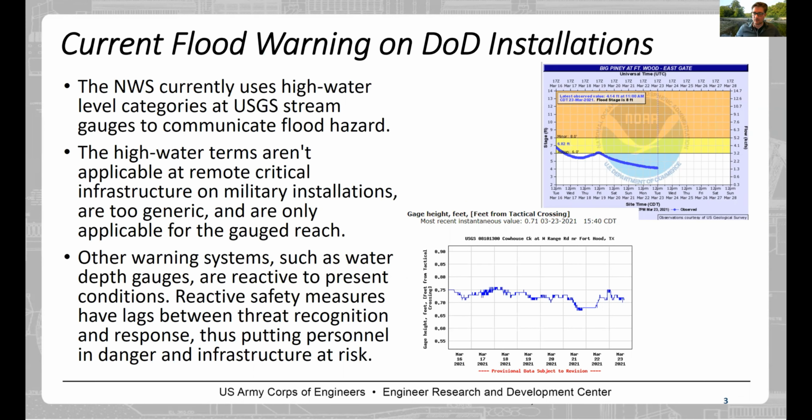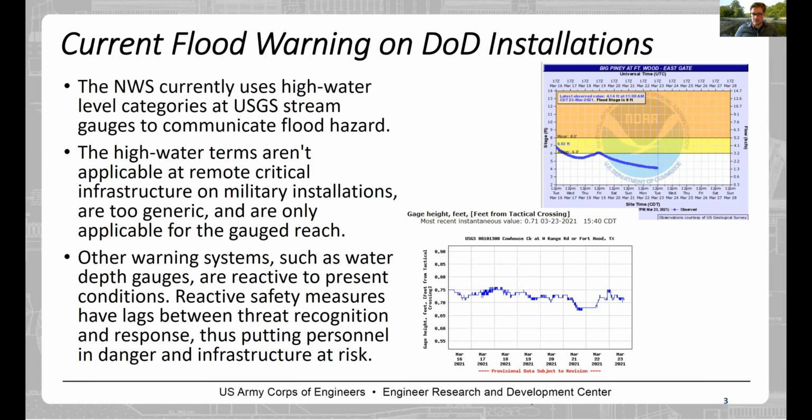However, just like for us sitting at home, these warnings are usually pretty vague as far as exactly where the flood is likely to happen, what are the places and the infrastructure that's most at risk for the flash flood event. And they're not always applicable on military installations.